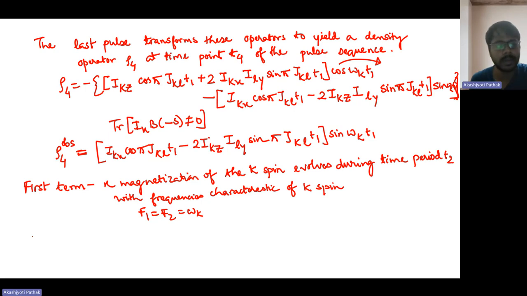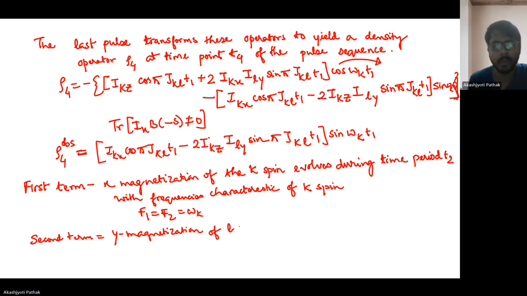Try to understand this one. So what does the second term indicate? It represents the Y magnetization, right? What does the second term represent? So the second term obviously represents the Y magnetization of the L spin, right?